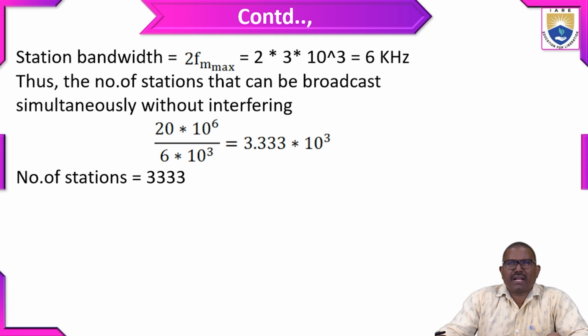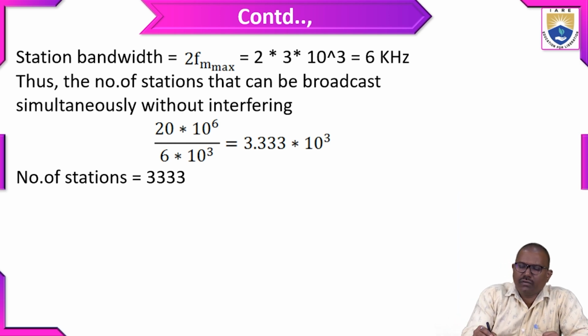So the station bandwidth is equal to 2 fm max, 2 into fm max. What is the fm max given? 3 kHz, so 3 into 10 power 3. So 3 kHz into 2, totally the station bandwidth is 6 kHz.